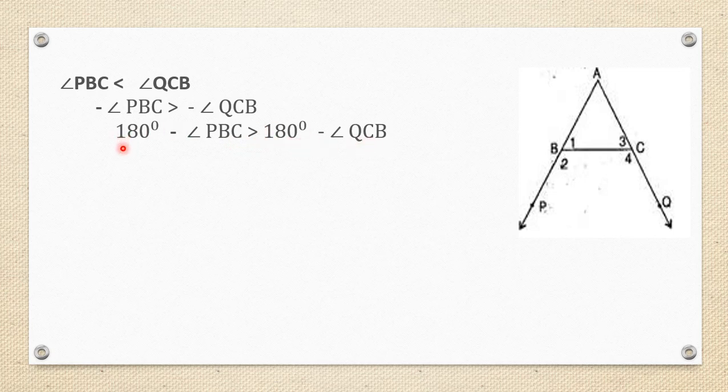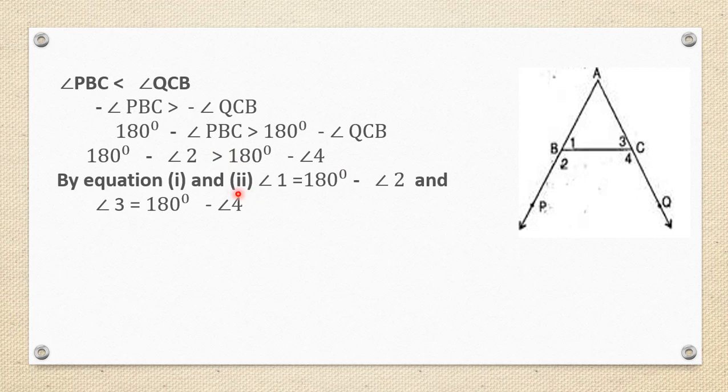Now, by the figure, angle PBC is denoted by angle 2 and angle QCB is denoted by angle 4. So we can change it: 180 degrees minus angle 2 is greater than 180 degrees minus angle 4. But in equations 1 and 2, when we have written angle 1 plus angle 2 is 180 degrees, we can take the value of angle 1 as 180 degrees minus angle 2.